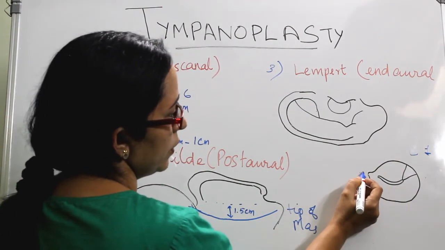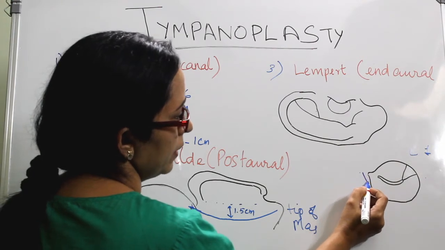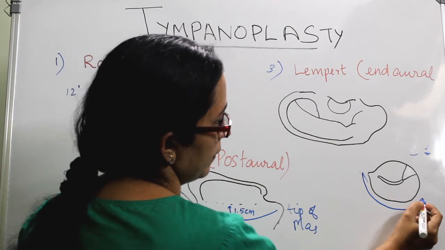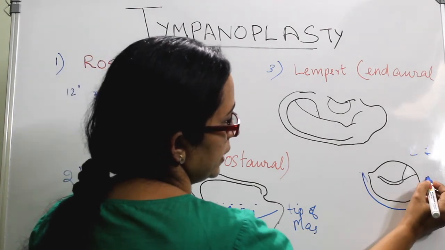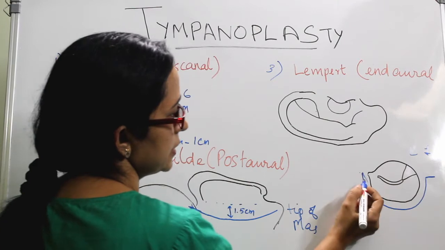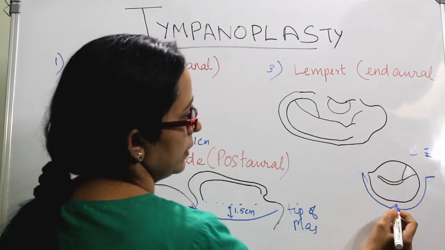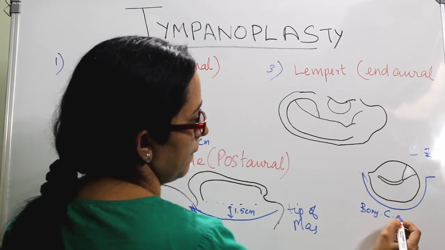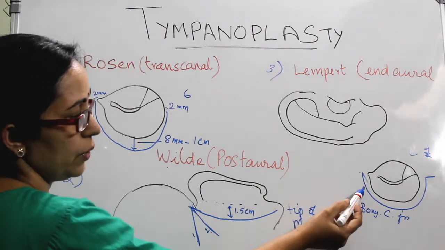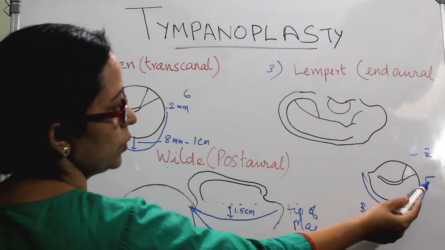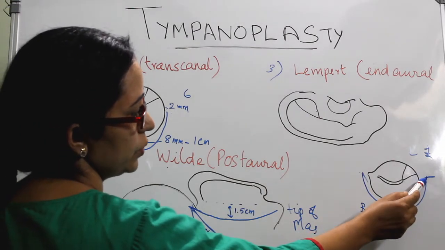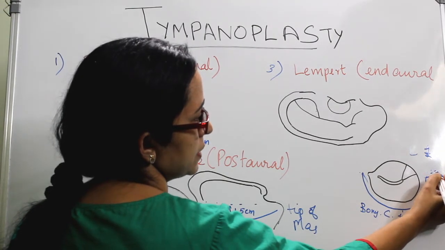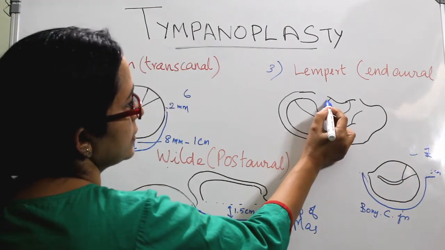It starts from the 12 o'clock position, goes along the bony cartilaginous junction, reaches 6 o'clock, and then has a downward curve. It goes perpendicularly down for around 0.5 centimeter, like this.